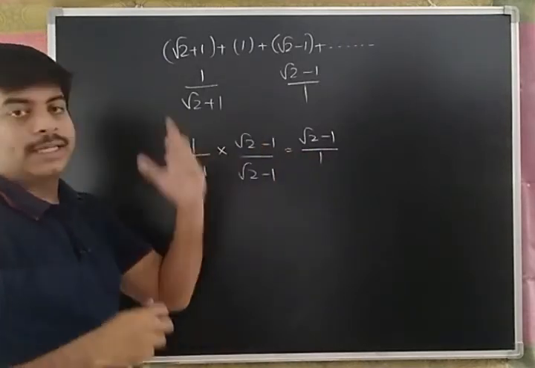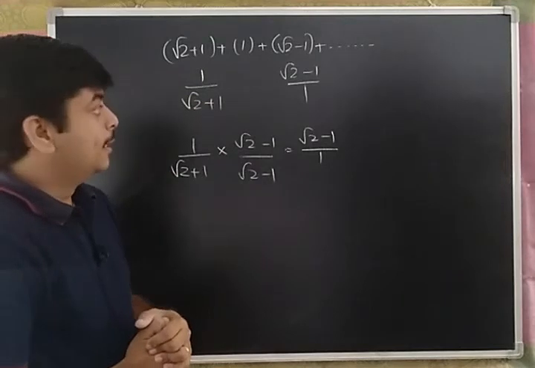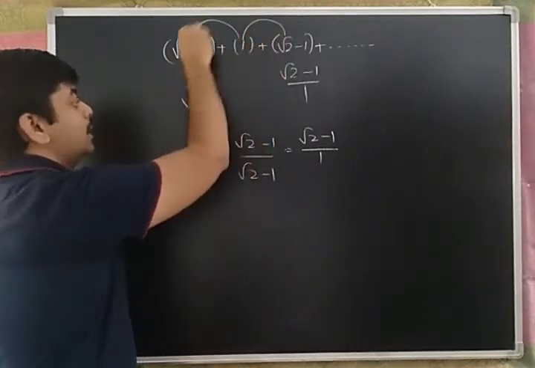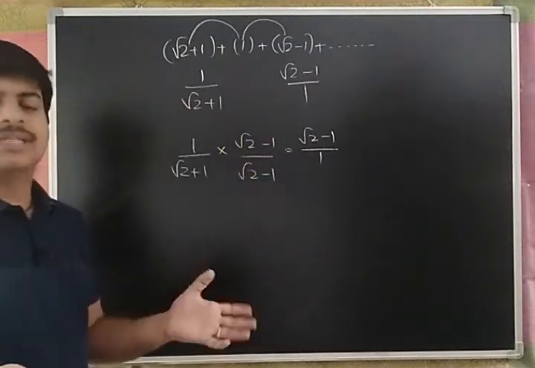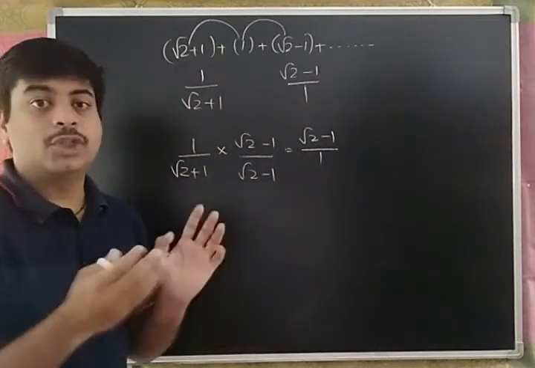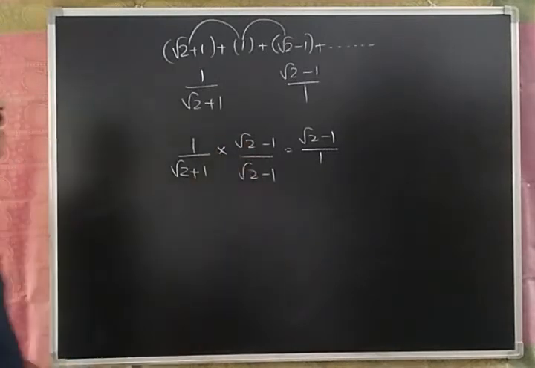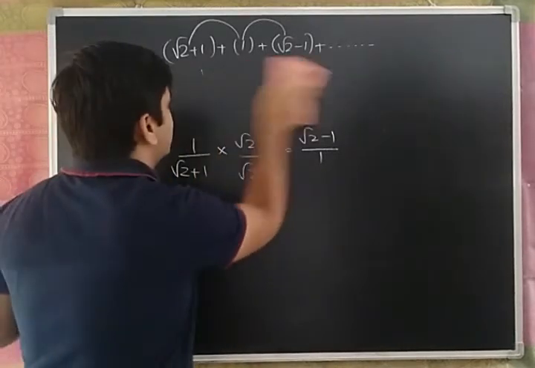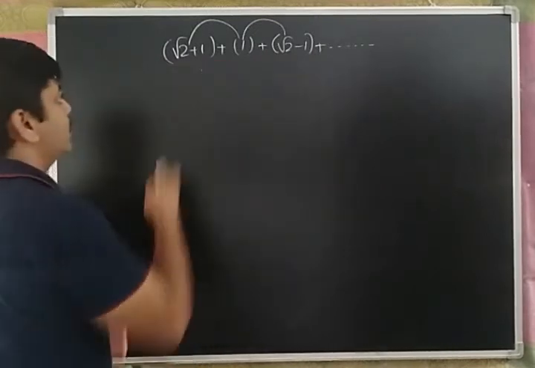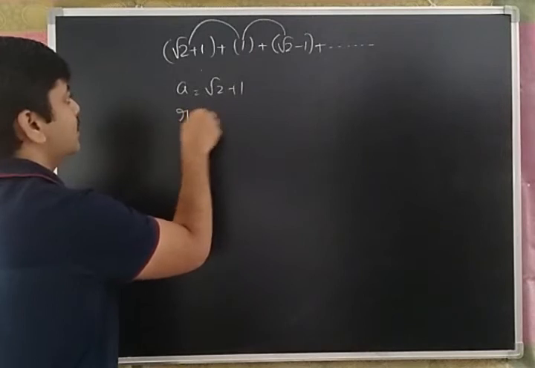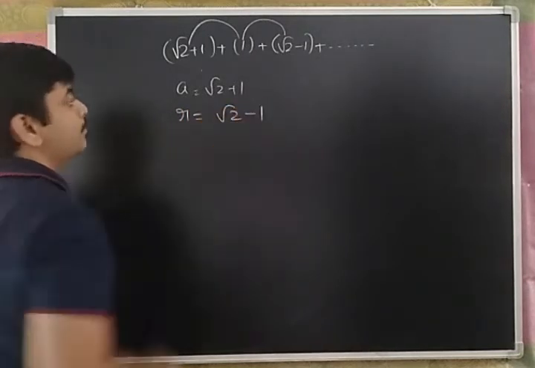So the numerator is root 2 minus 1. Now the common ratio of these two terms and of these two terms are equal. It is enough to say that this is following a geometric progression. So the first element is root 2 plus 1 and the common ratio r is equal to root 2 minus 1.